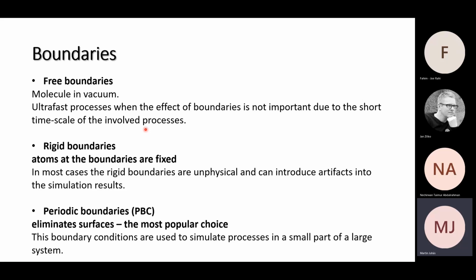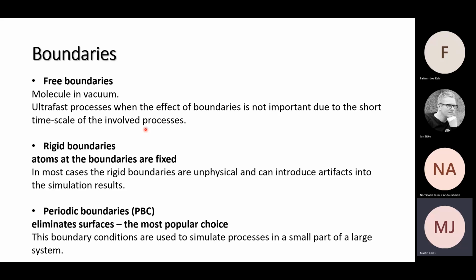This is very rare to use for biological systems, because it's effectively not close to a real biological system. You can use it for something very short usually, or you can use it, for example, to simulate evaporation, because then you don't have any border and the atoms can just go away, but it's still a bit inaccurate.